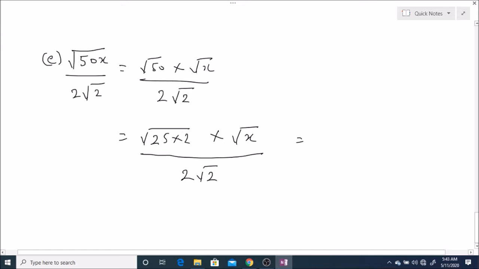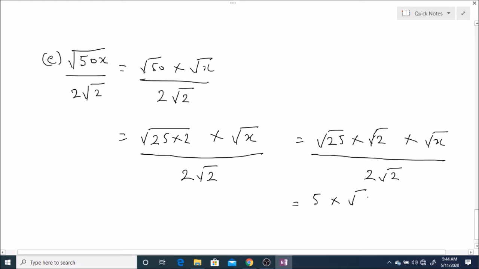So you see, the numerator can be written as root of 25 times root of 2 times root of s, all over 2 root 2. The root of 25 is 5. So we have 5 times root of 2 times root of s all over 2 root 2.